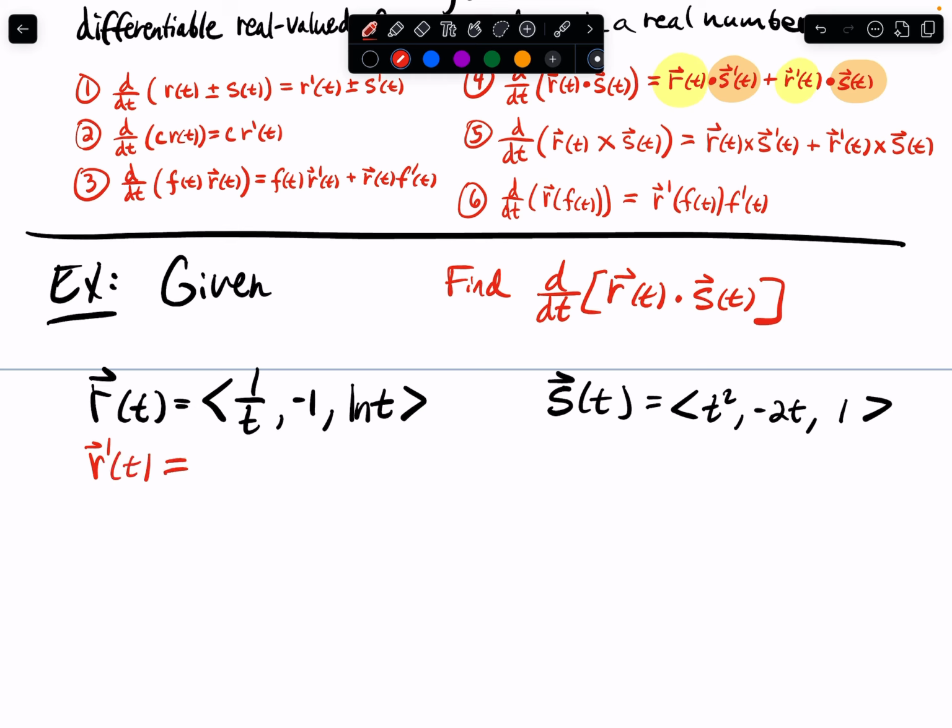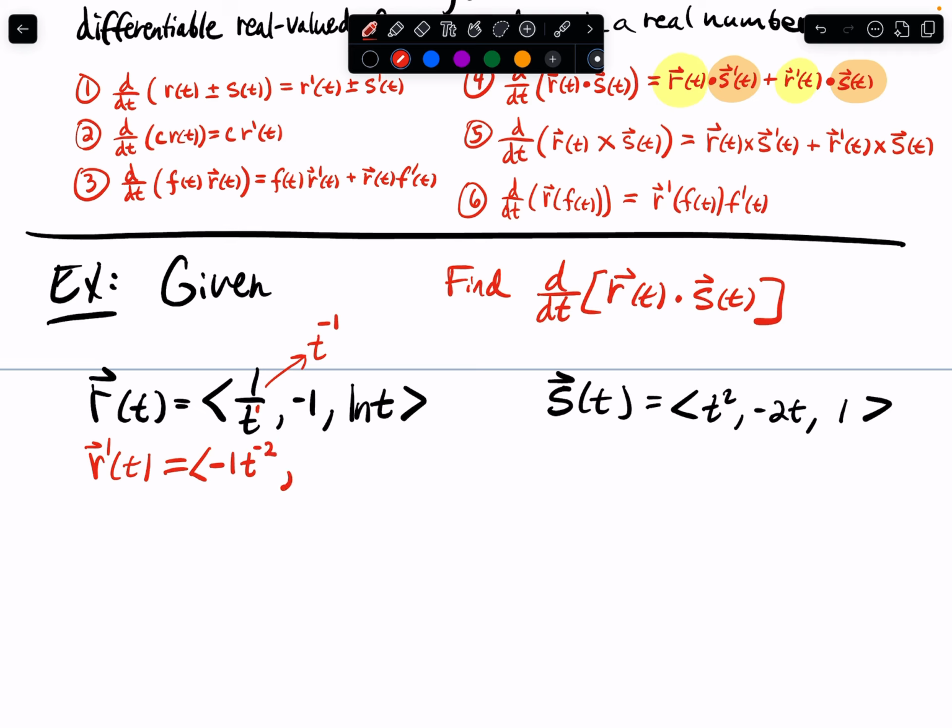by taking the derivative. Now the derivative of 1 over t, if I make this t go into the numerator to make it easier to differentiate, that becomes t to the negative 1. And so when I take the derivative, I get negative 1 t to the negative 2. Okay.